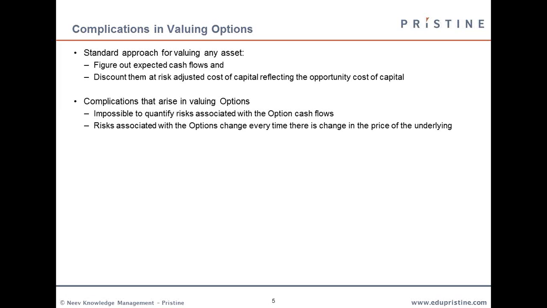For example, I buy a stock option. Whenever the stock price changes, the risk of the option changes, the cash flows change, everything changes. So valuing an option is in that way pretty difficult, and is very different when compared to others.